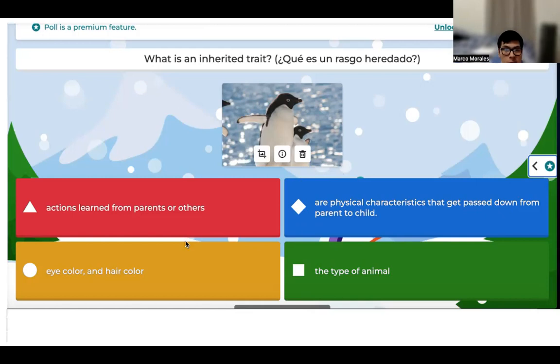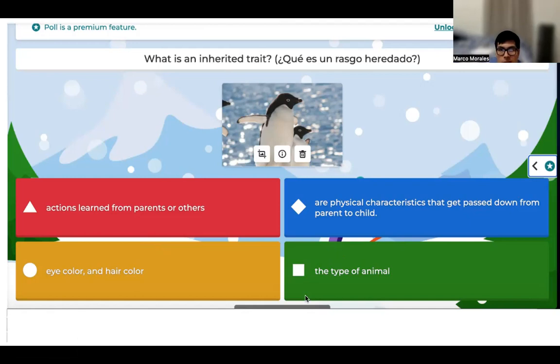And can anyone tell me why this one isn't the correct answer? Yes, you, Jimmy. What is it? Exactly. This is an example. This isn't the definition. Eye color and hair color, they are inherited traits, but these are examples. It's not the definition that I taught in the lesson.